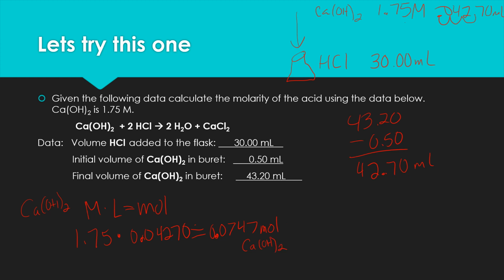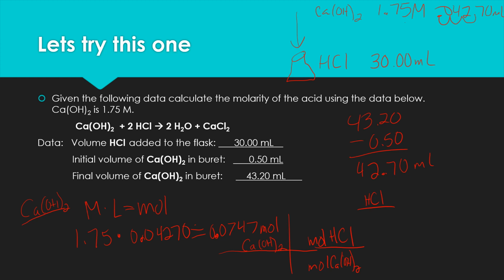Okay. Now, looking at my balanced reaction, I need to change from calcium hydroxide. I need to get to HCl because that's what I'm looking for, right? So now I'm going over that gap between our 2 chemicals here. So that means we have to use the mole ratio. Now, it's not 1-to-1. I can't just copy that number. So let's go ahead and do the mole ratio. We've got moles of calcium hydroxide, and we're going to moles of HCl.